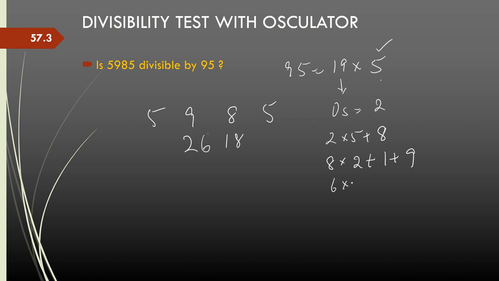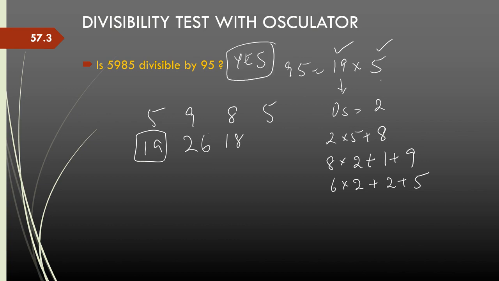Then 6 times 2 plus 2 plus 5. So, 12 plus 7, that is 19. So, 19 is divisible by 19, and hence this number is divisible by 95. So, in this manner I should be able to check for divisibility with any given divisor.